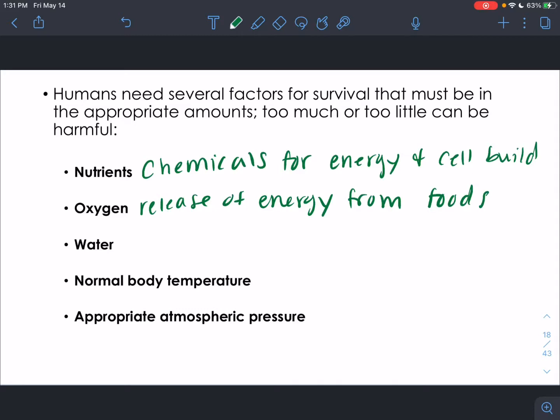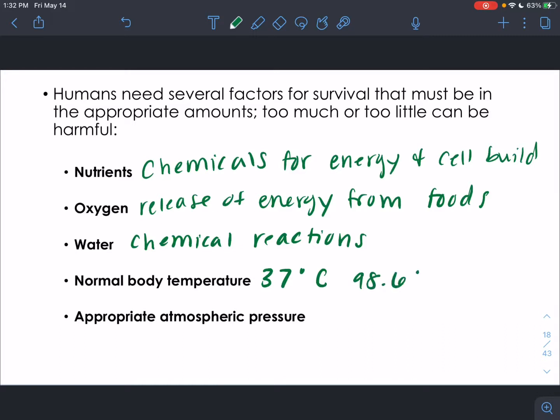Water is the most abundant chemical in the body. It's needed for a lot of chemical reactions. A normal body temperature, which is 37 degrees Celsius or 98.6 degrees Fahrenheit. We need the normal body temperature so that we can do different chemical reactions in our body.